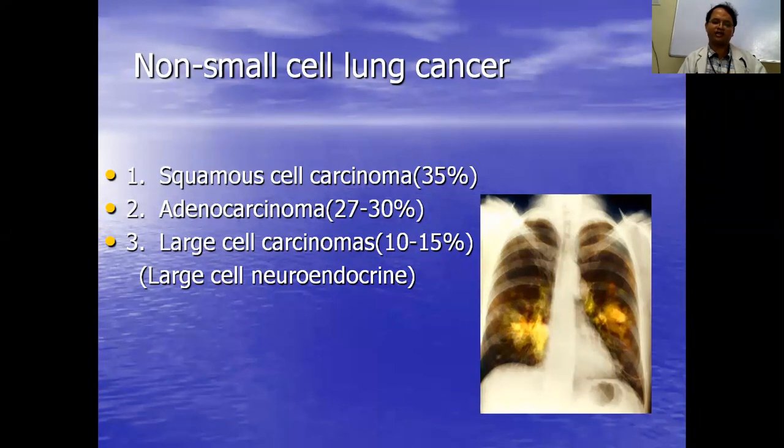Subsequent to that, the second position is occupied by adenocarcinoma. The adenocarcinoma incidence is increasing at present. And following that, there is large cell carcinoma. These 3 form the non-small cell lung cancers.